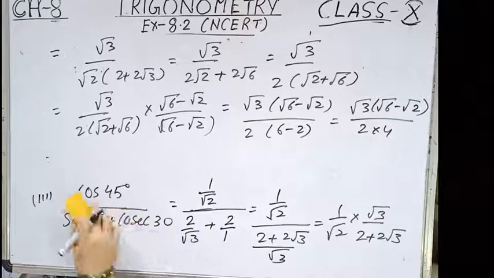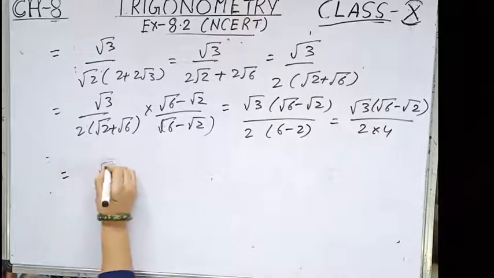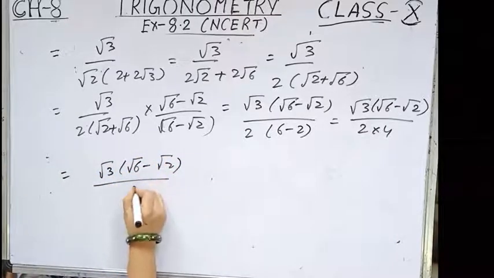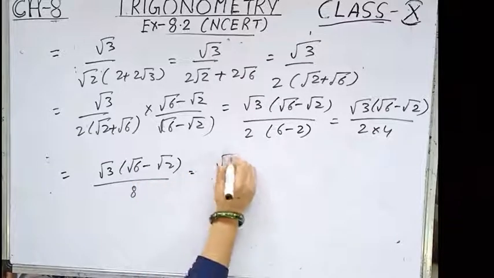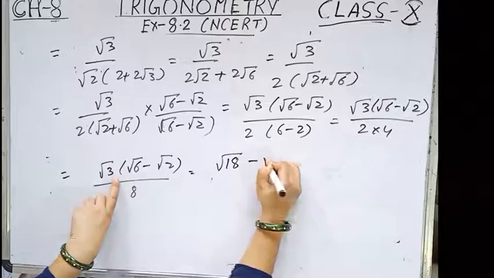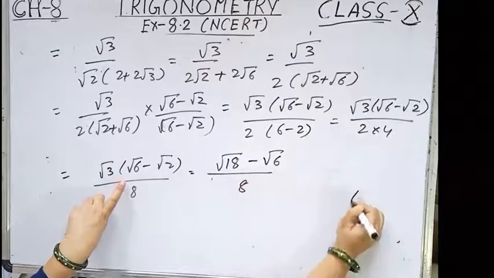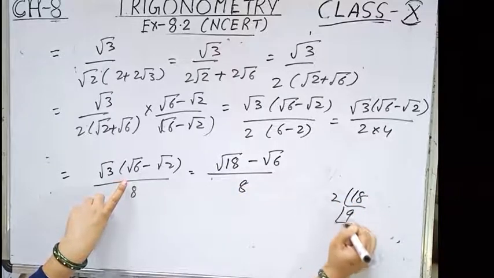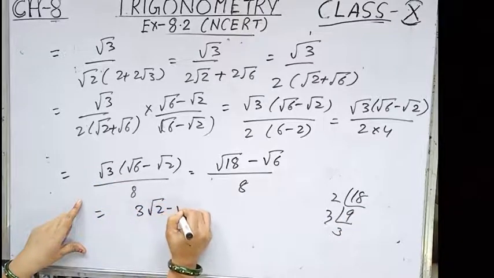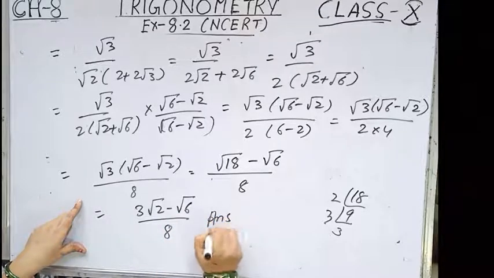So the final answer will be root 3 into root 6 minus root 2 by 8. We can write over here as root of 18 minus root of 6 by 8. Now 18 is 2 9s and 3 3s. So this I can write as 3 root 2 minus root 6 by 8. So this will be the answer.